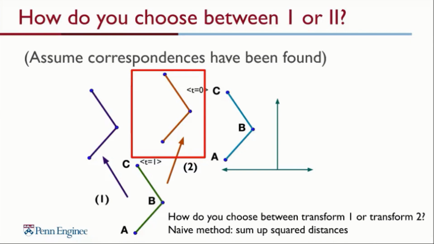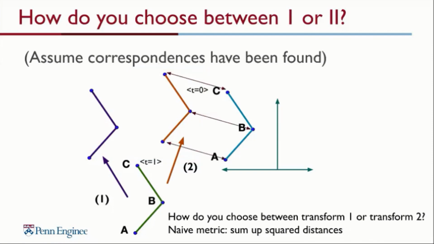Even so, we'd like to be able to determine this more objectively and use some metric to quantify the distance between the corresponding points. A naive metric would be to simply sum up the distance between the corresponding points. Since in this case, we actually know the corresponding points, if we sum up the distances between the corresponding points, we'll be able to determine that transform 2 results in a smaller value in terms of the metric, and therefore is the better transform.